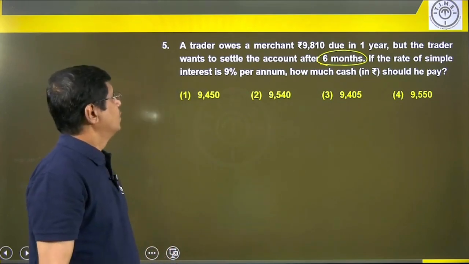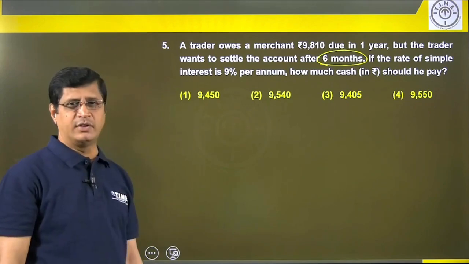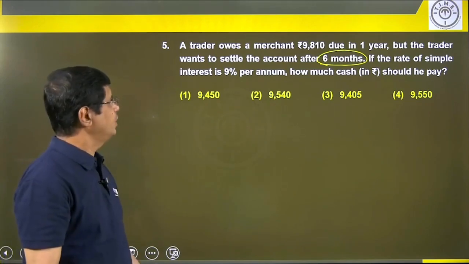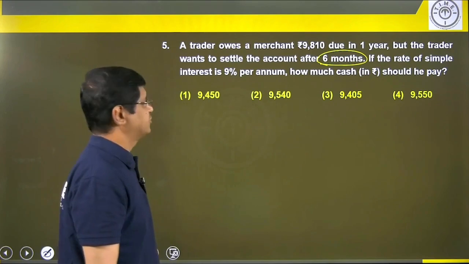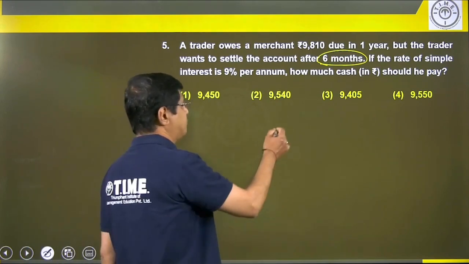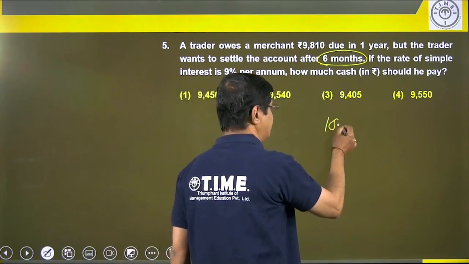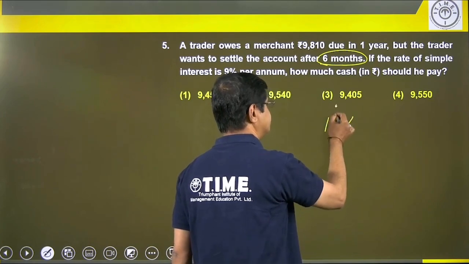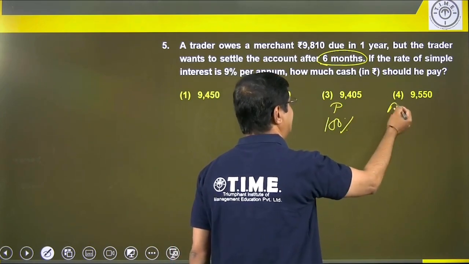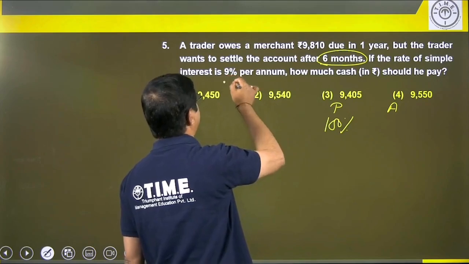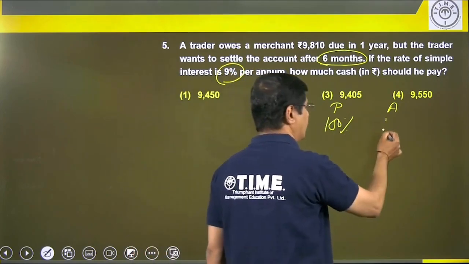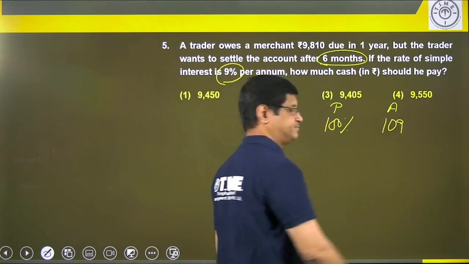Okay. What is the value here? 9810 is due in 1 year at a rate of 9% per annum. If you assume the principal as 100%, what is the amount at the end of 1 year at a rate of 9% per annum? That is 109.